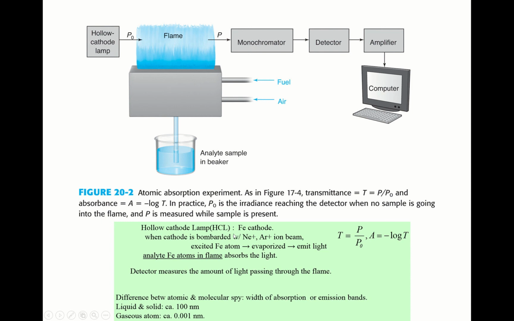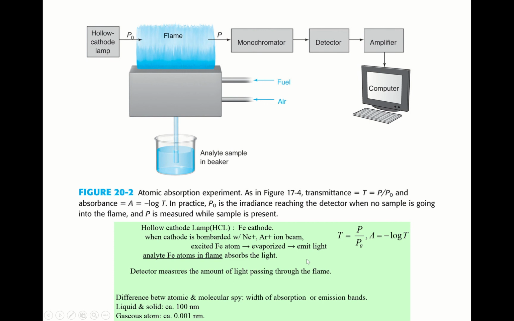Here, the hollow cathode lamp, for example, if it is made of an iron cathode, when the cathode is bombarded with a neon or argon ion beam, the elemental atoms are excited, evaporate and emit light.